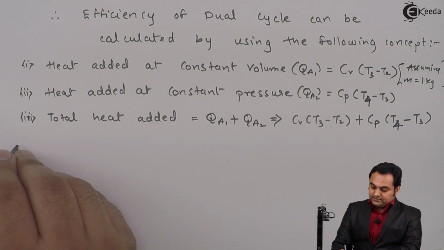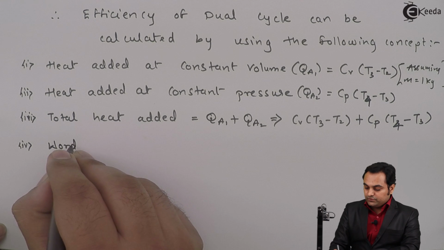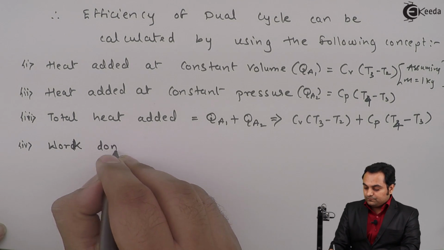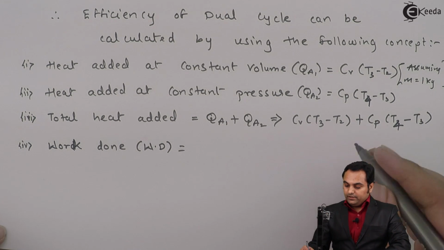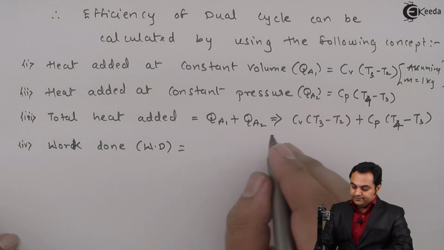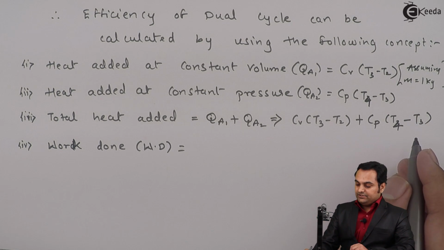Next, I'll say that therefore work done or work output which we are getting, work done will be equal to the total heat added minus the heat rejected.